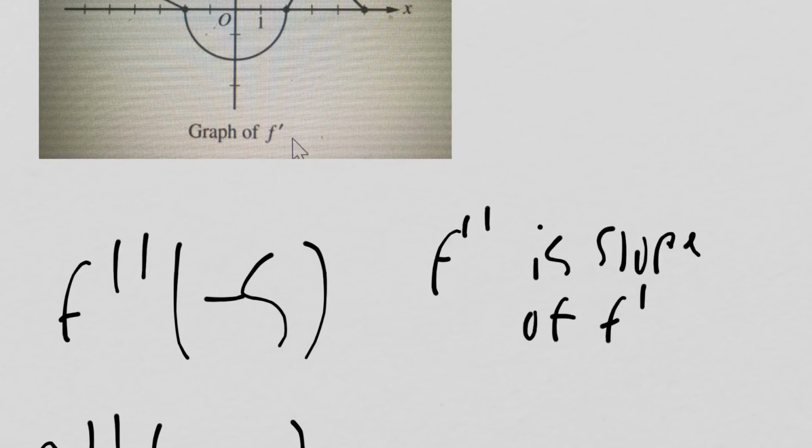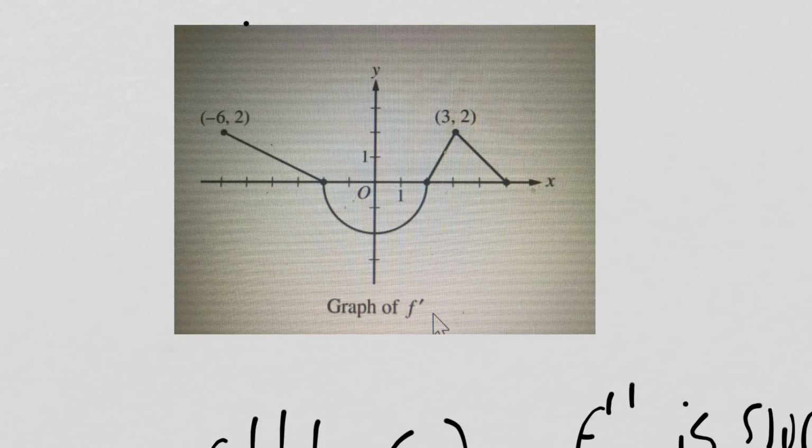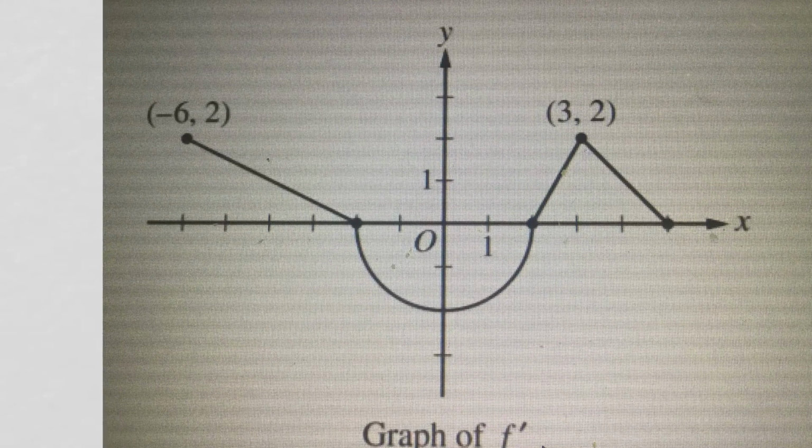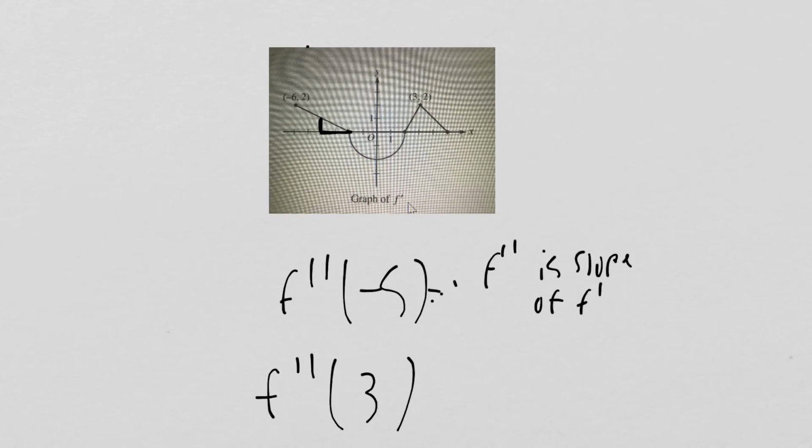What is the slope at -5? Well, we can see that the rise over run is -1/2, right? Run by 2, rise by -1. It's a -1/2 slope. So f double prime -5 is -1/2.